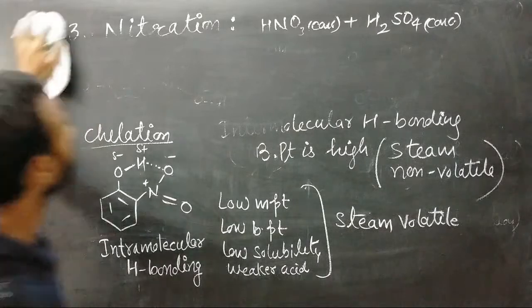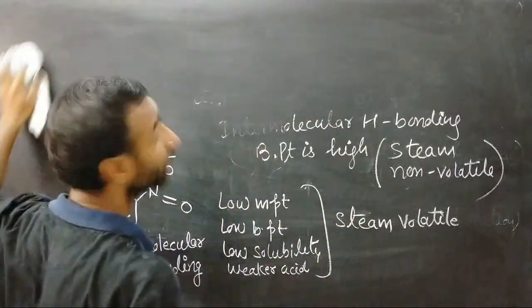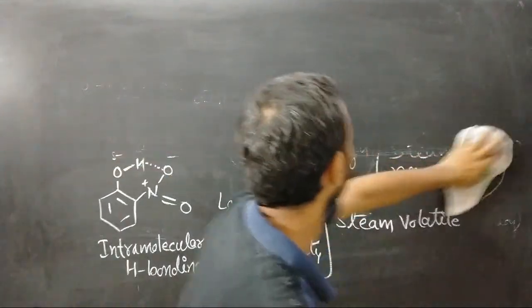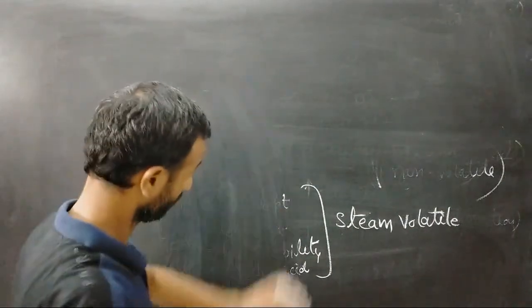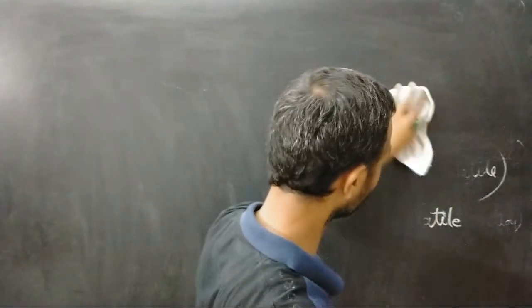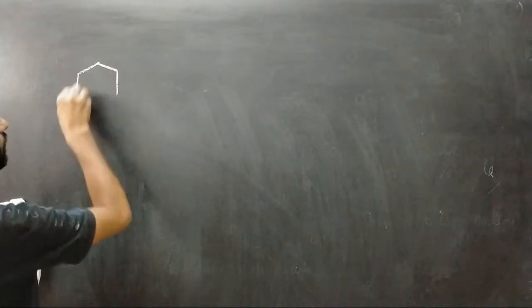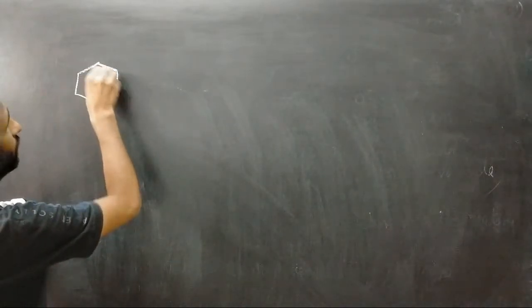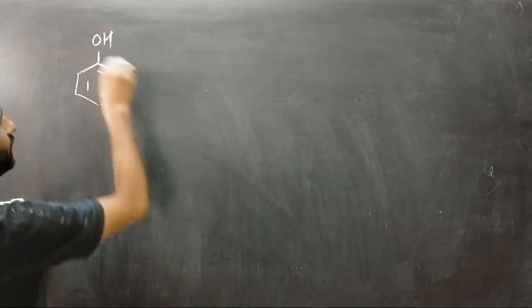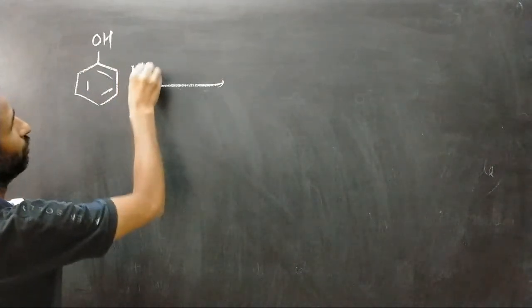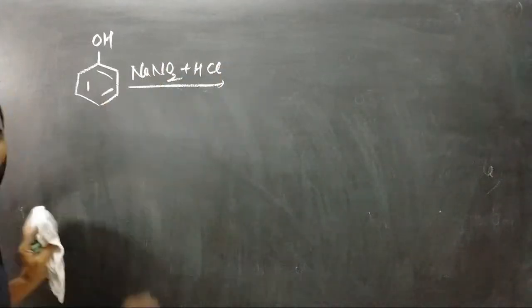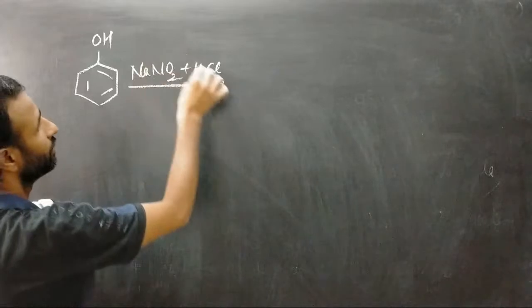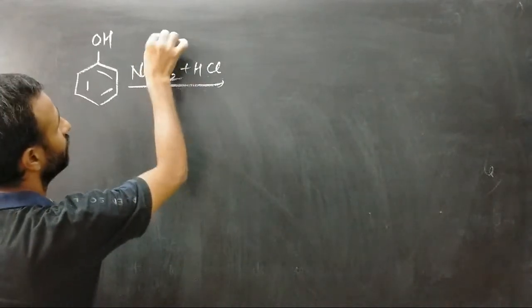Now, to prepare a single product, that is only paranitrophenol, which is a better choice because here we get a mixture. To get only the para product, first we treat phenol with nitrous acid, a mixture of NaNO2 and HCl.